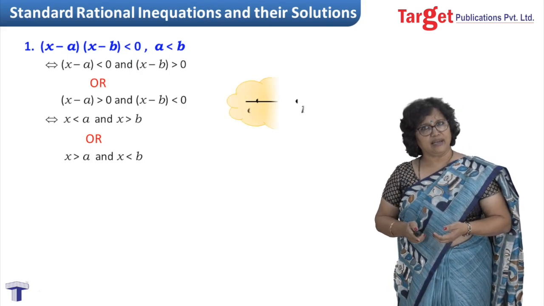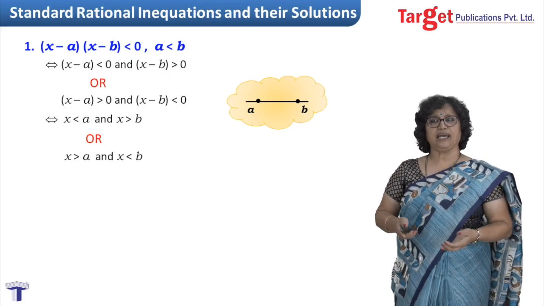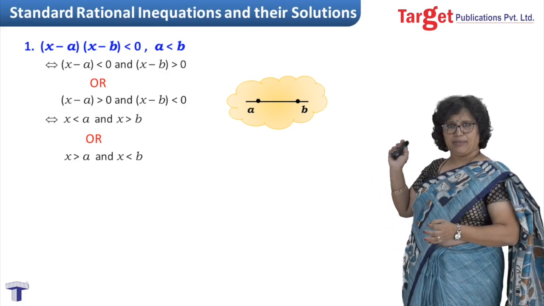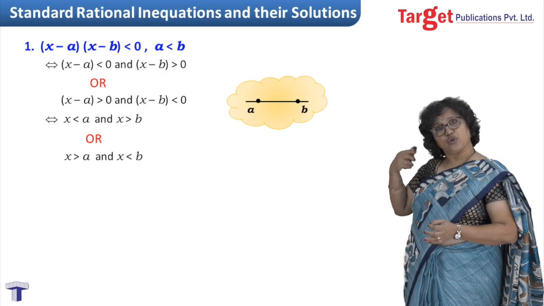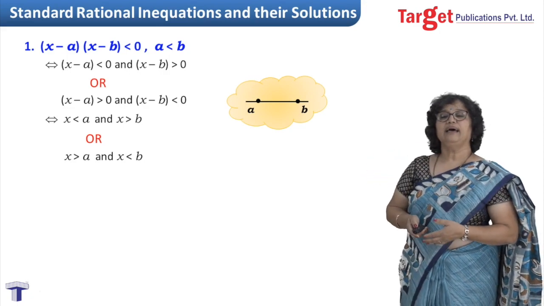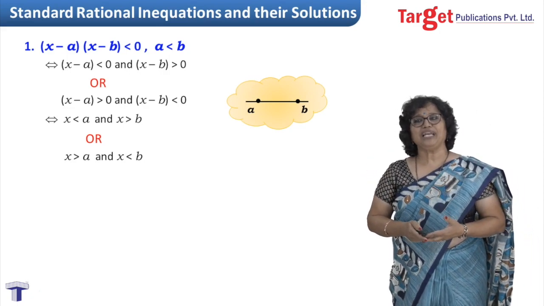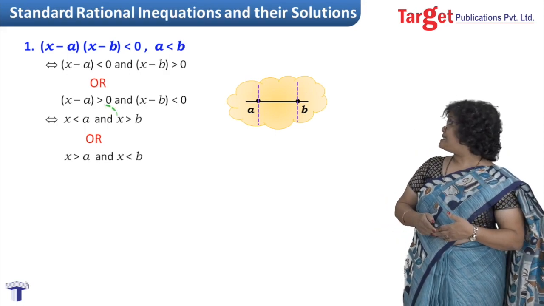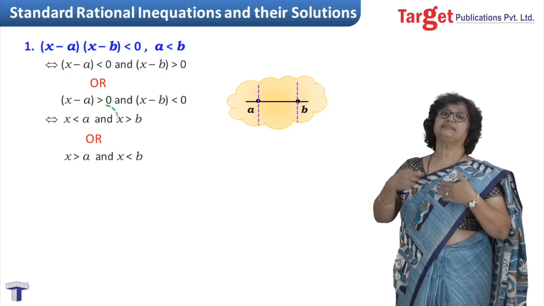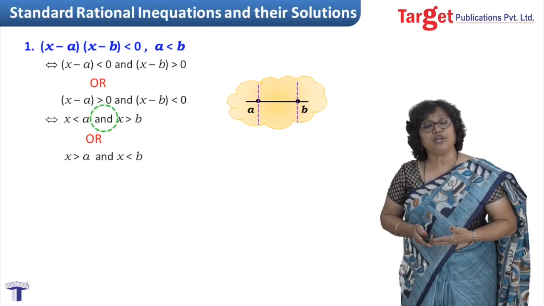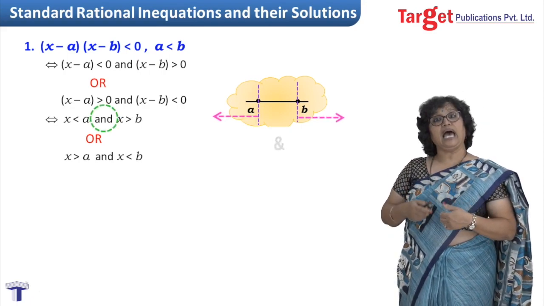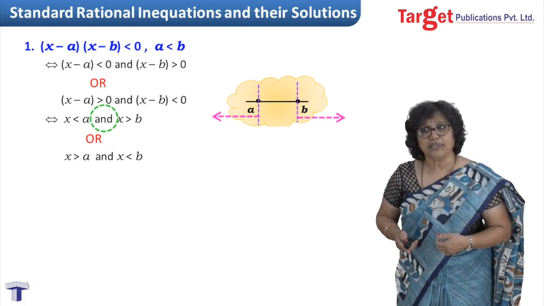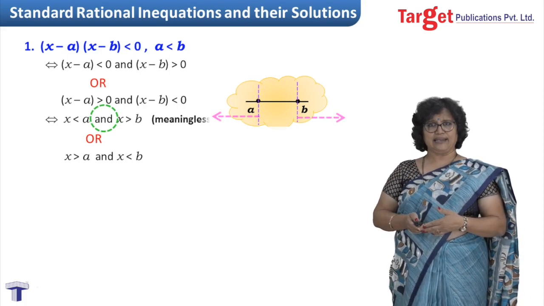So I plot it on the number line and check what is happening. I plot a and b on the number line. A is less than b, so I have plotted it on the left side of b. Then I check where x lies. If I say x is less than a and x greater than b, that means it should be on the left side of a and on the right side of b. Is it possible? That does not happen, so it is a meaningless statement.